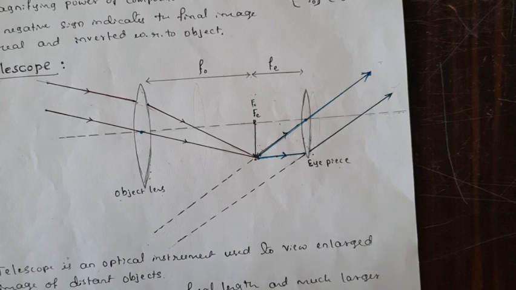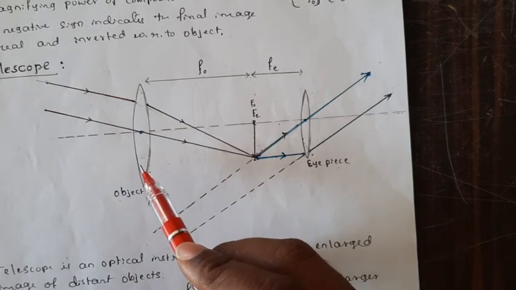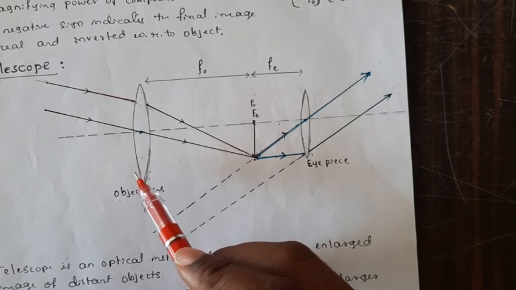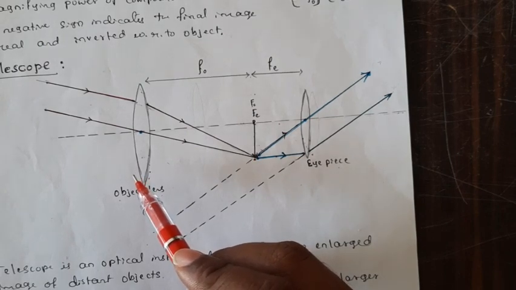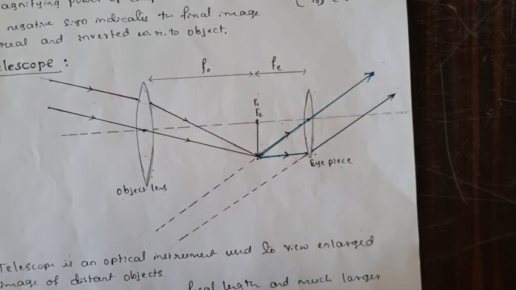In such a refracting telescope, the objective lens must have a large aperture to produce a brighter image. But the construction and handling of such lenses is very difficult and very costly. And such telescopes produce aberrations.